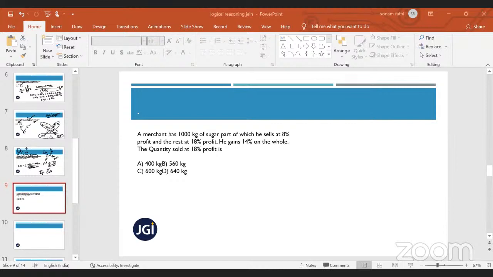Yes or no? And then you have to divide 1000 in that ratio. First find the ratio.